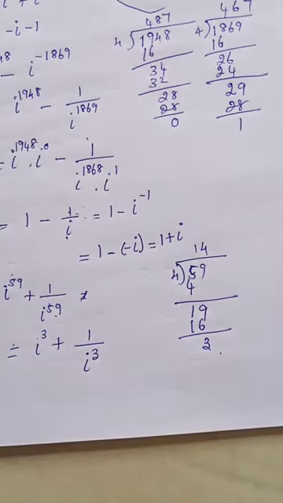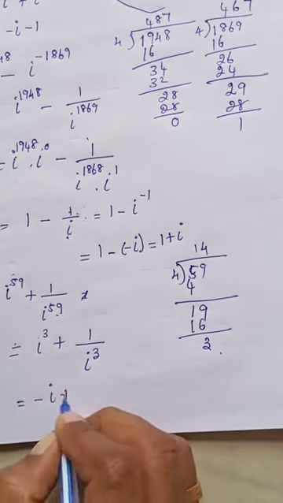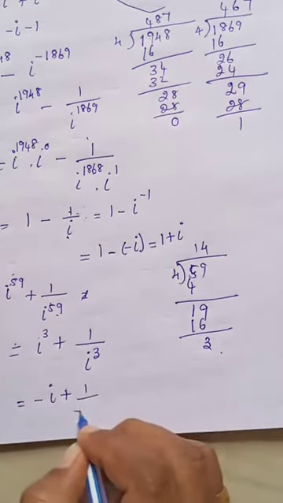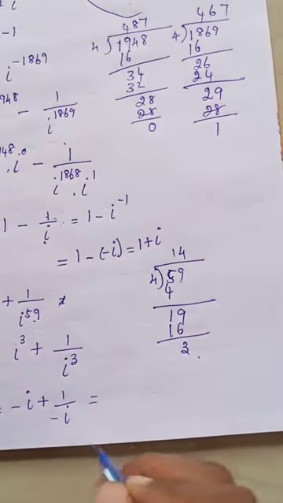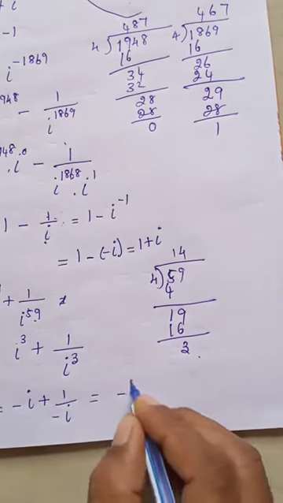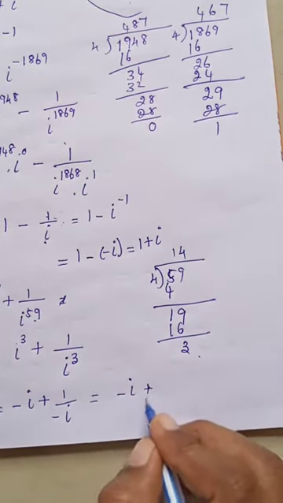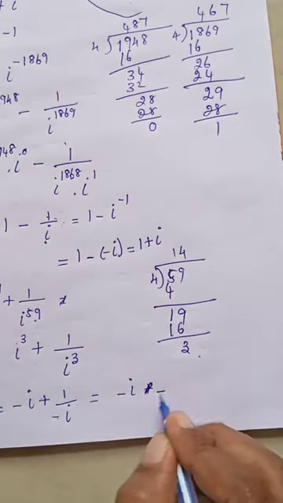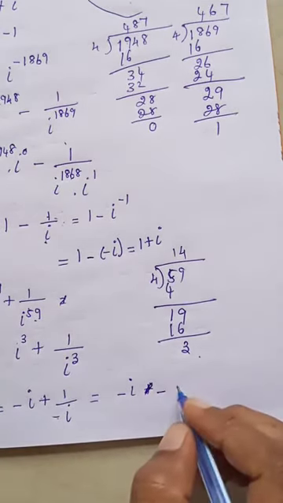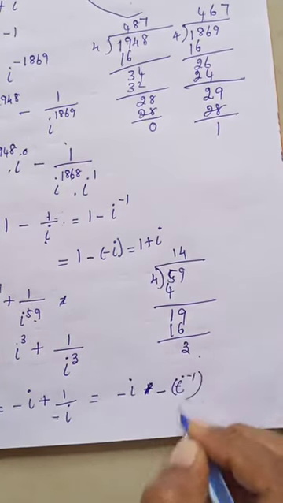Because both are 59, I have written directly. i power 3, the value is minus i, plus 1 by minus i. I cube, the value is minus i. Minus i plus, there we have a minus, so plus into minus is minus. 1 by i can be written as i power minus 1.